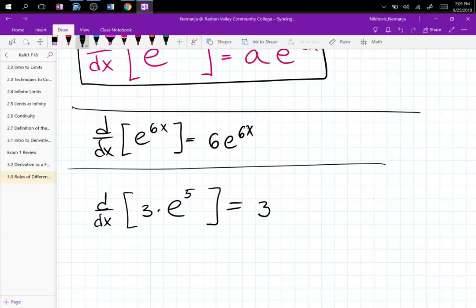It's not a fair question, but the answer is 0. What's e to the 5? It's a constant. Times 3, still constant. Now you see it.